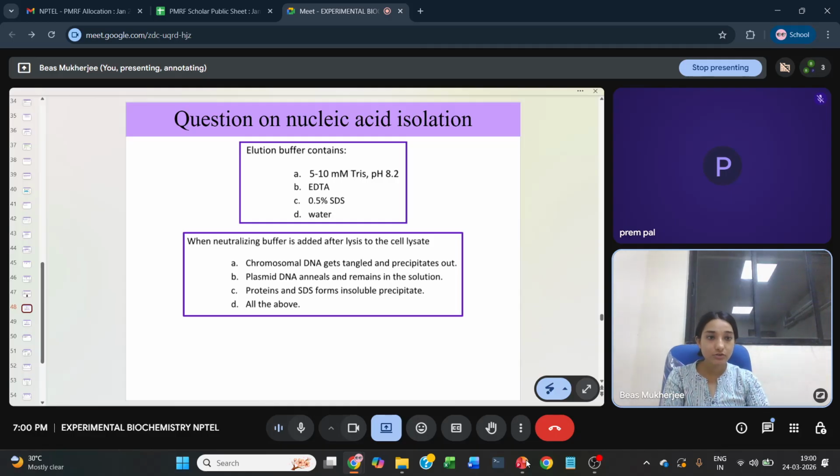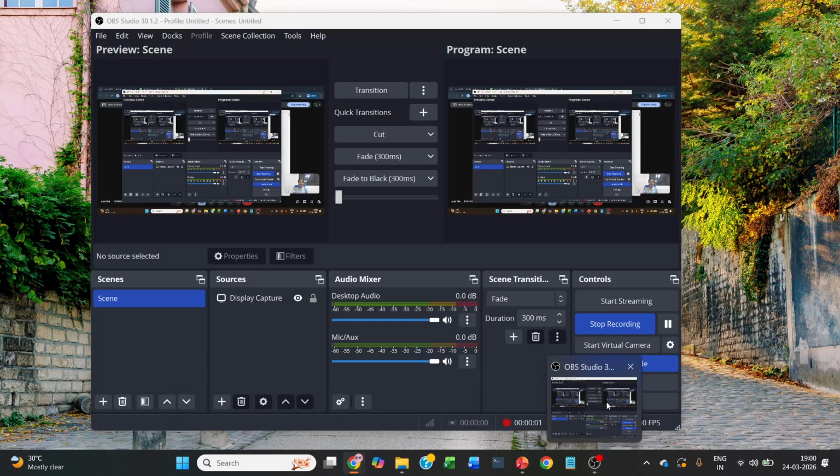Now we have another question, try to solve this. What are the components of elution buffer, and why is neutralizing buffer added after lysis to the cell lysate, and what happens then? Try answering this.